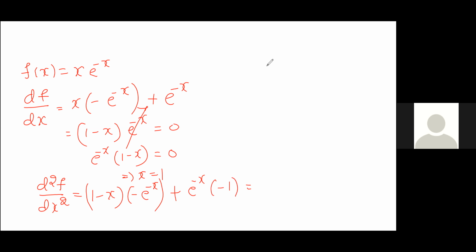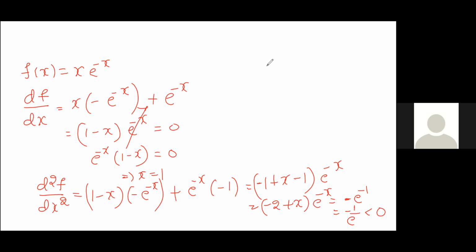That equals minus 2 plus x into e raised to minus x. Now put x equals 1, then it becomes minus e raised to minus 1, that is minus 1 by e, which is less than 0.